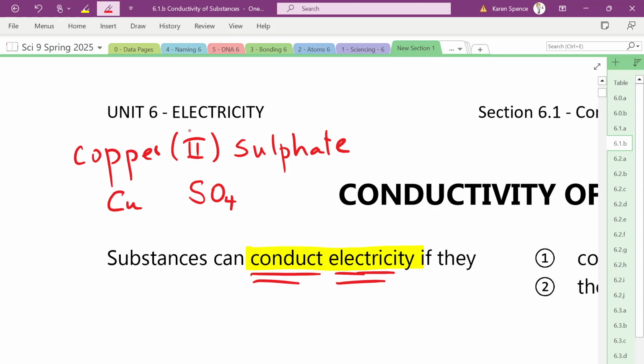What is the charge of the copper? It's 2+ because that tells us it's 2+. And if you were to look on your polyatomic ion sheet, you would see that sulfate was SO4, 2-. So while I go get my conductivity apparatus, you guys are going to write the formula for copper 2 sulfate.